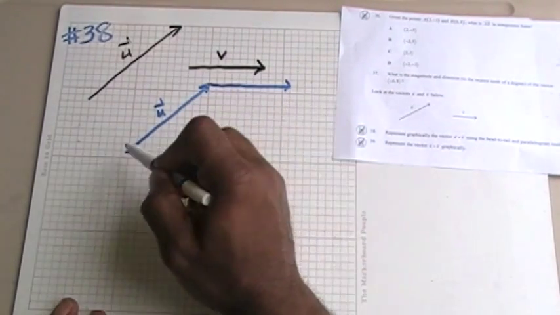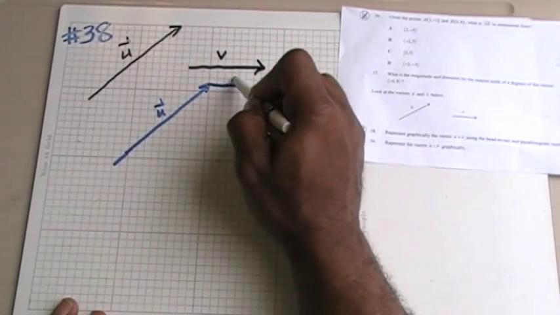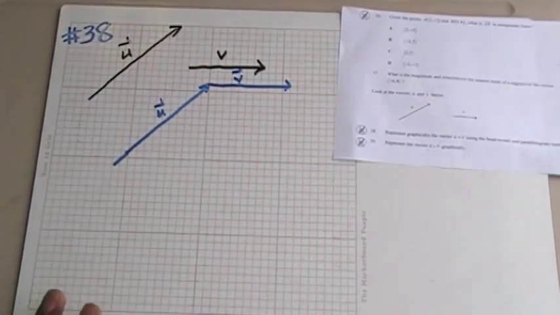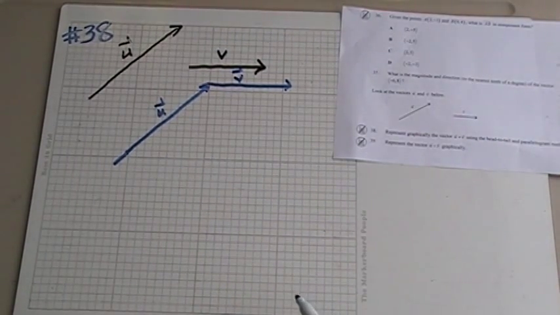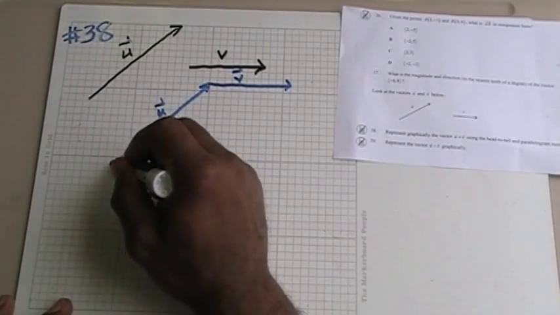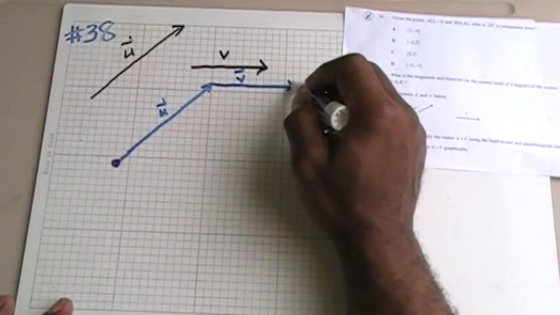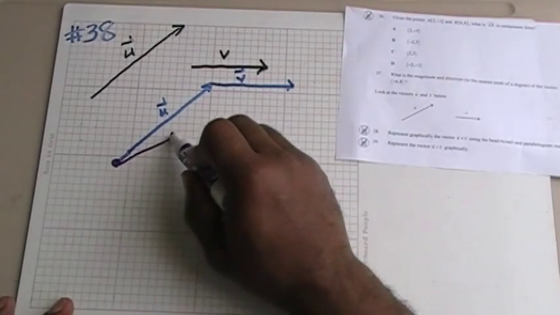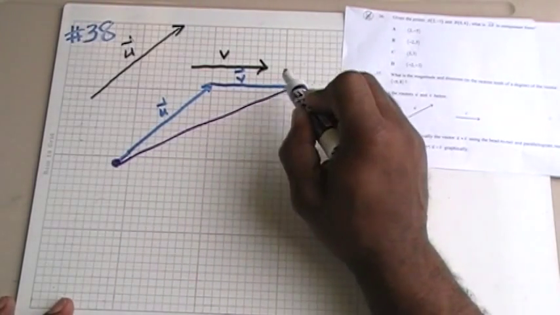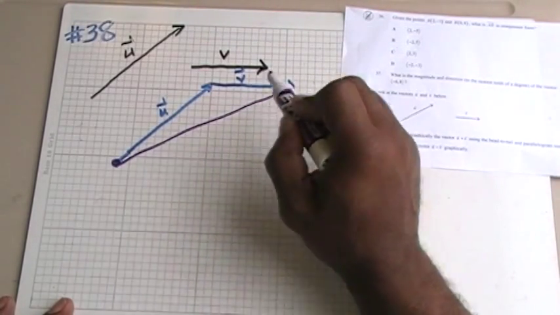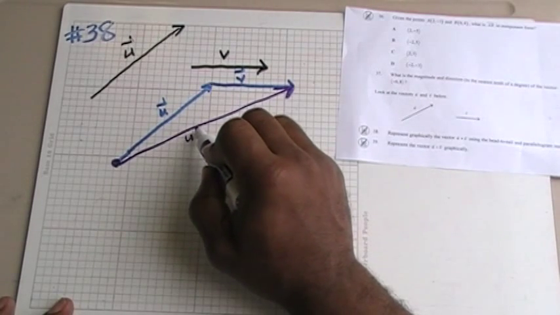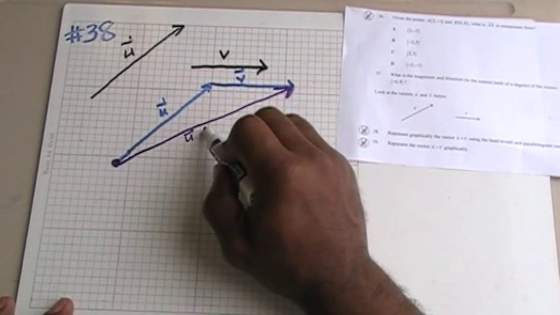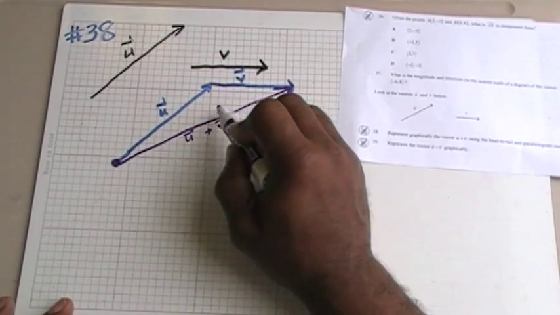It doesn't have to be precise, but there's your u to v. You started at u, there's your start, and here's your stop. So we want to make that vector u plus v with an arrow. There's our vector u plus v.